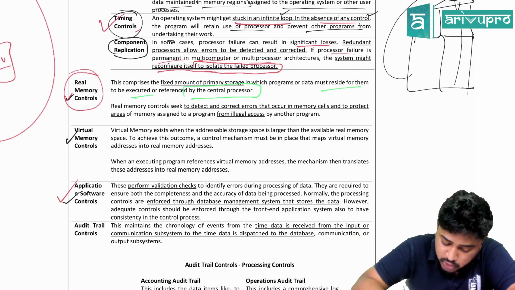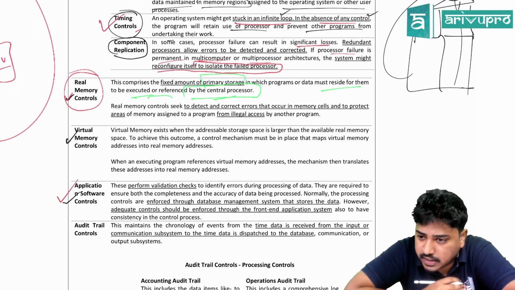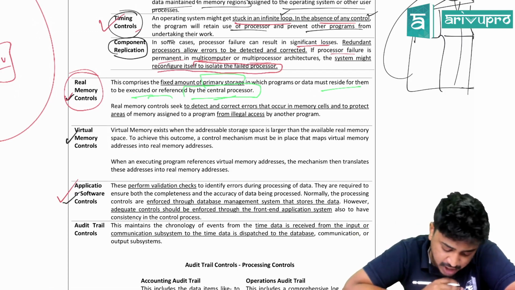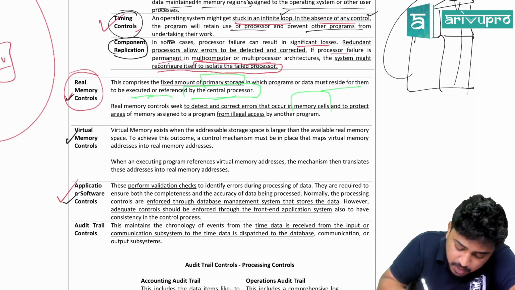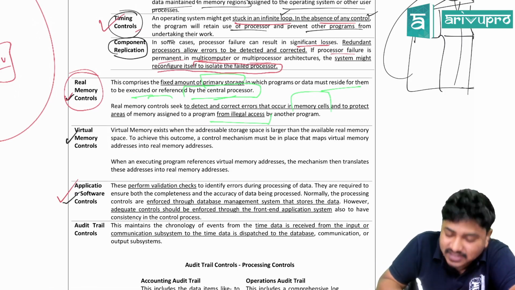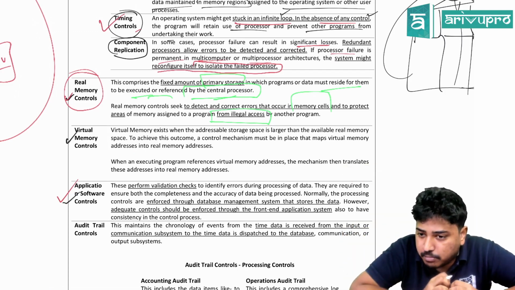So data should come to the primary memory for it to be executed by the central processor, correct or not? That is what they are trying to say. The real memory seeks to detect and correct errors that occur in the memory cell and protect the area of the memory assigned from illegal access, so that no other program can come and access the RAM unwantedly.